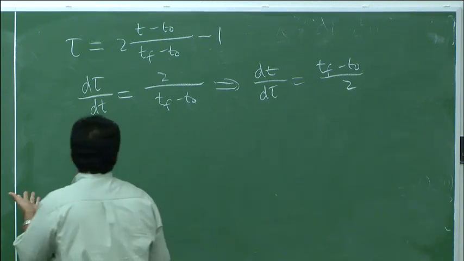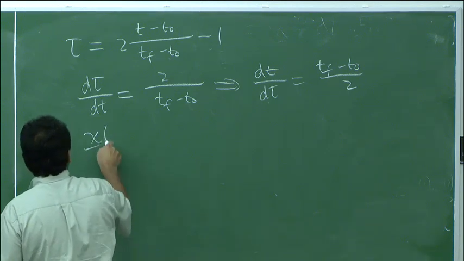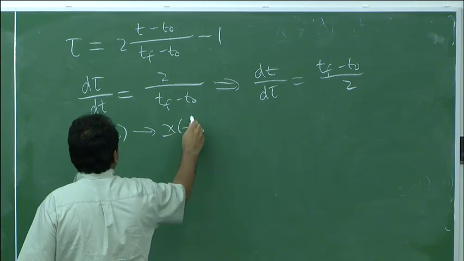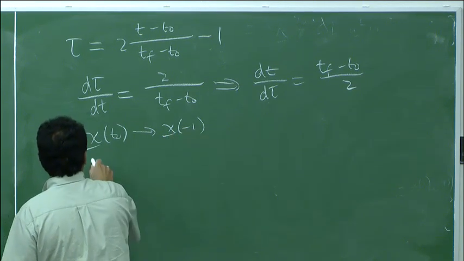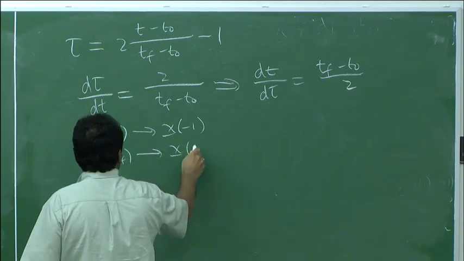So we can discretize each of these now, which is that x of t0 goes to x of minus 1 when I'm in tau. X of tf becomes x of plus 1.